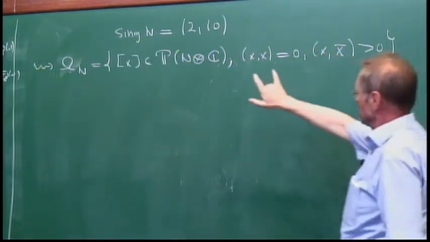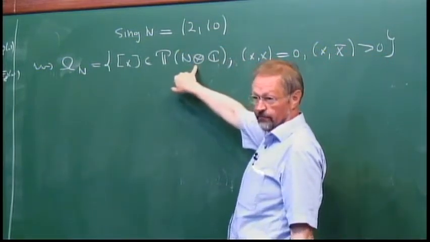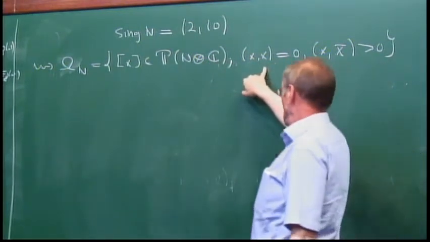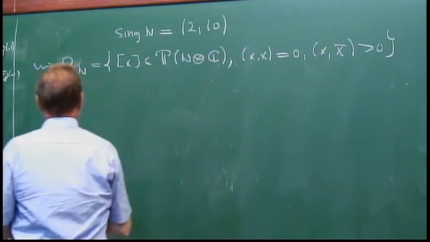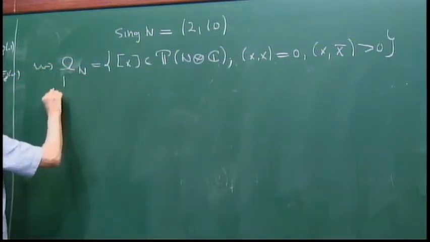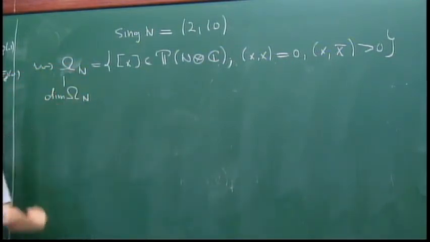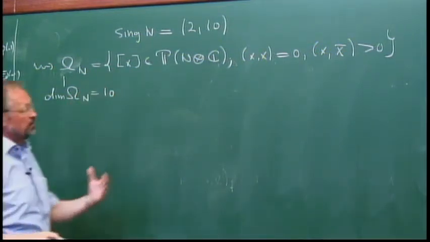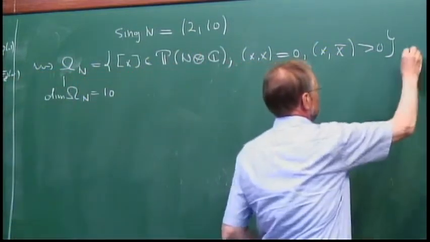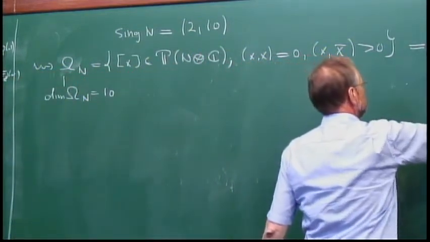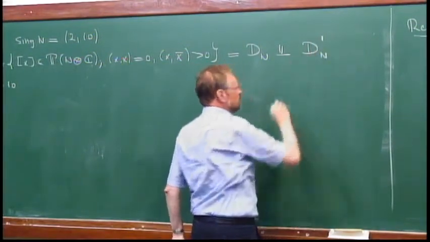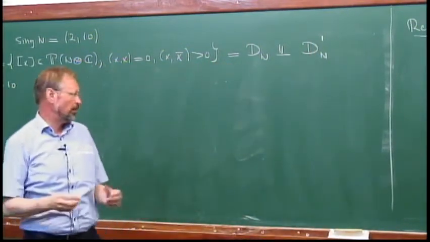So this is 12-dimensional, so this is 11-dimensional. I have a quadratic equation, which is one condition, and then an open part of it. So this is a manifold of dimension 10. And this is general theory for signature (2, n). This will be a copy of 2 disjoint connected components.